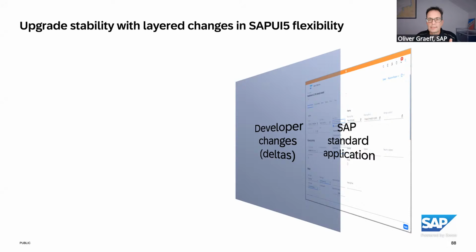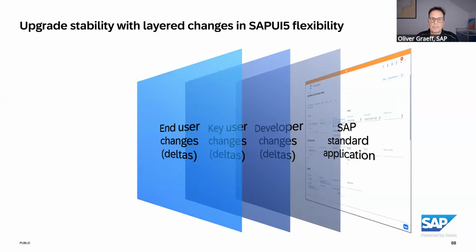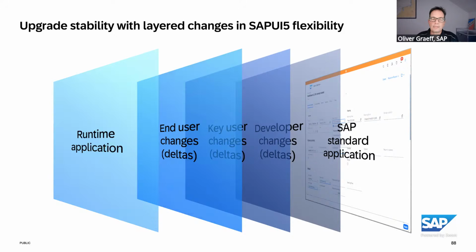So these are deltas, so you can still see or use or execute the standard which is below. And the key user changes on top. Again, deltas, and then all the end user changes are executed. And the effect is then the runtime application. So if you call the application, it calls the standard application and adds the changes, the deltas, on top.